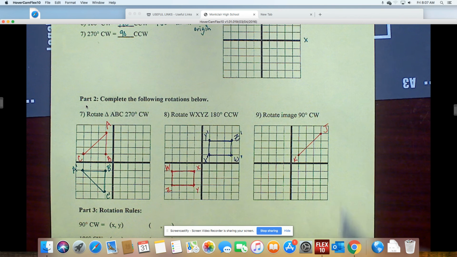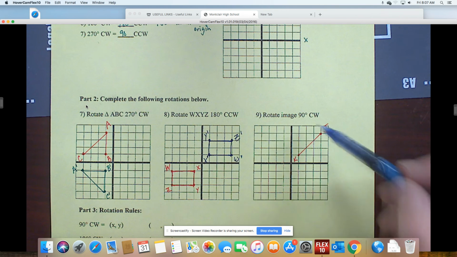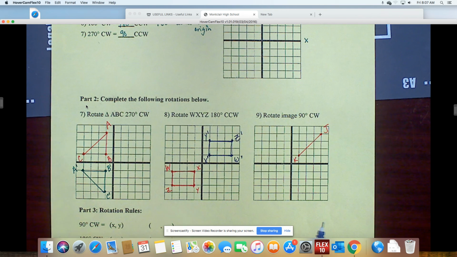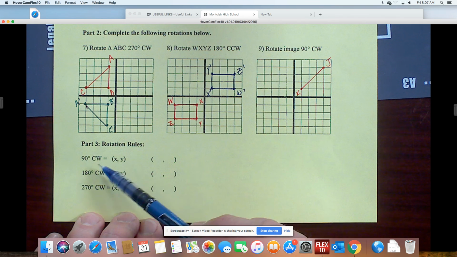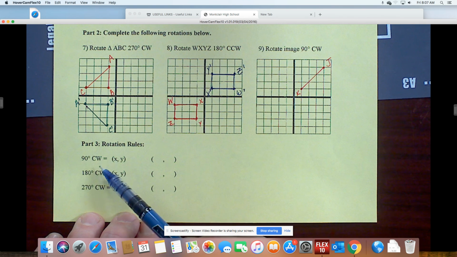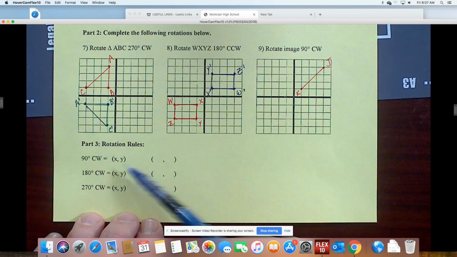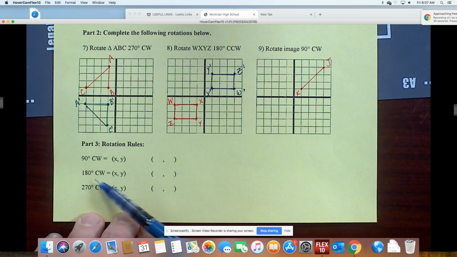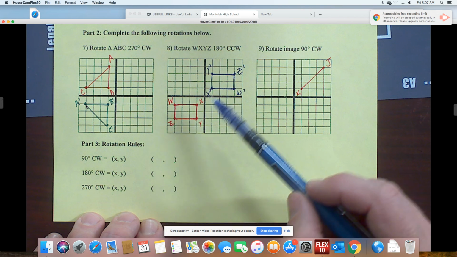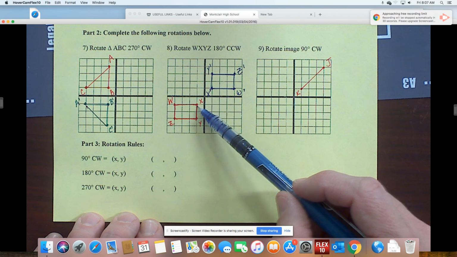What I want you to do is try the last one, rotating an image 90 degrees clockwise, and then come down here and try and figure out the rules for rotating clockwise. Clockwise 90 degrees. So when you look here, when you have a set of coordinates, what do the coordinates turn into with variables? When you go 180 degrees clockwise, what happens to the X and the X prime?